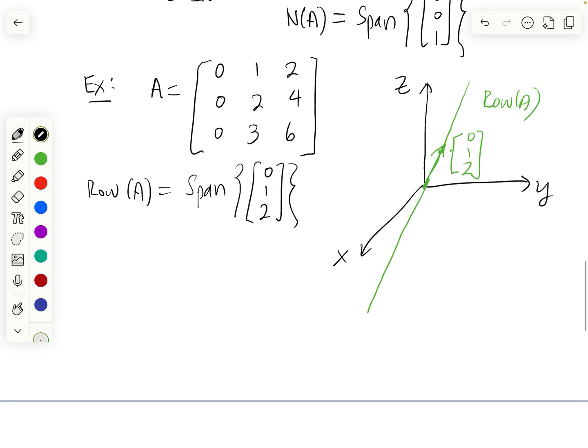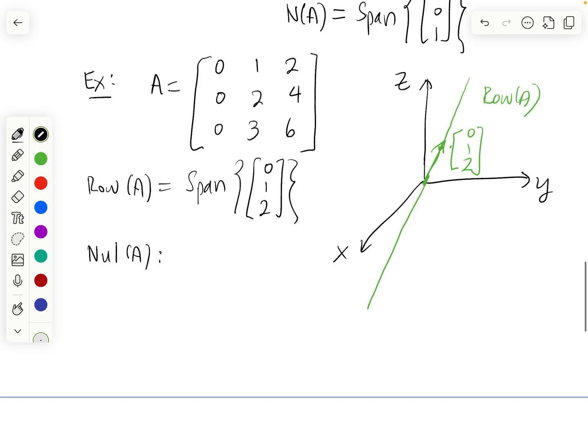Well, to say which plane through the origin it is, we have to actually solve Ax equals 0. So let's solve Ax equals 0. Sometimes I write NUL of A instead of N of A, but it's the same thing.